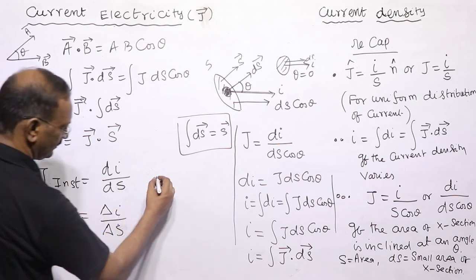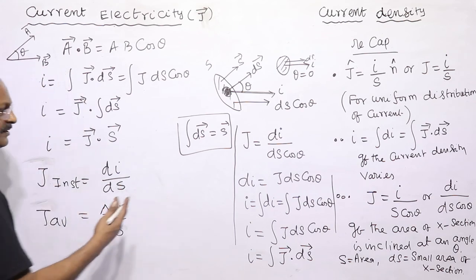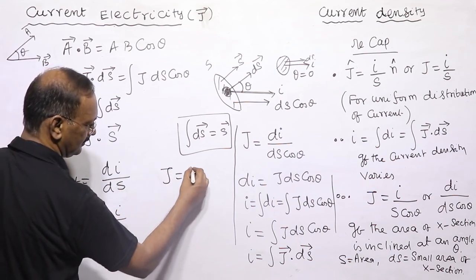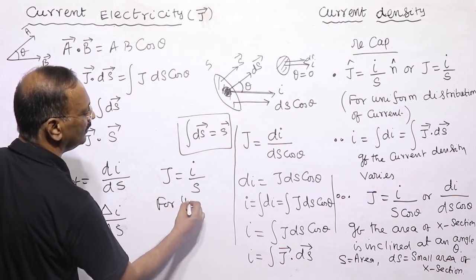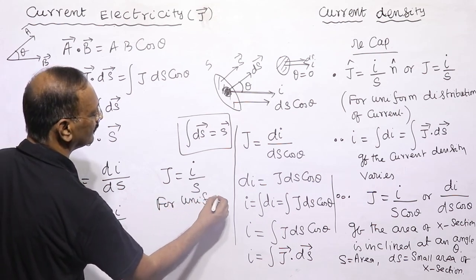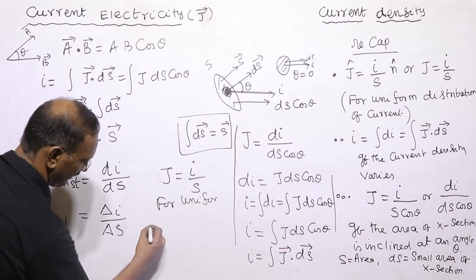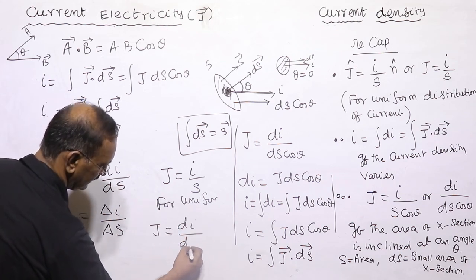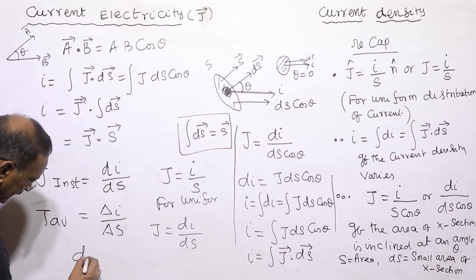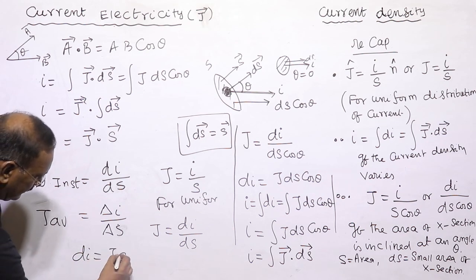We use this if the current distribution is uniform. So J is equal to I by area, for uniform distribution. If it is non-uniform, we write J is equal to di by ds, or di is equal to j into ds.